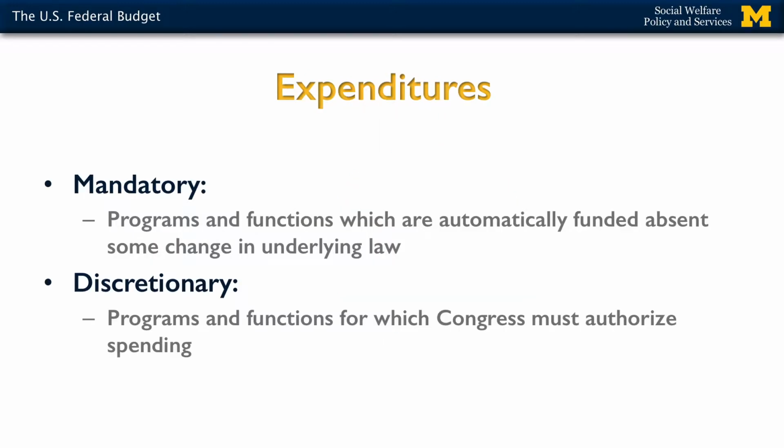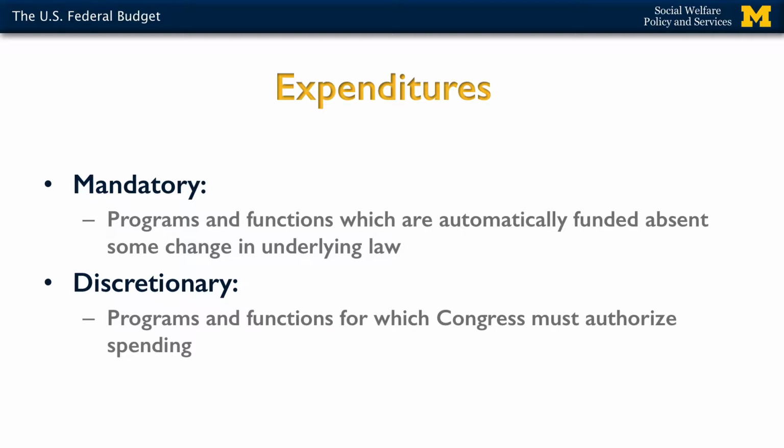Next are expenditures. Expenditures is the money that Congress spends to fund the services and programs and itself. Expenditures are of two different types. First are mandatory expenditures, and these are for programs and functions which are automatically funded.